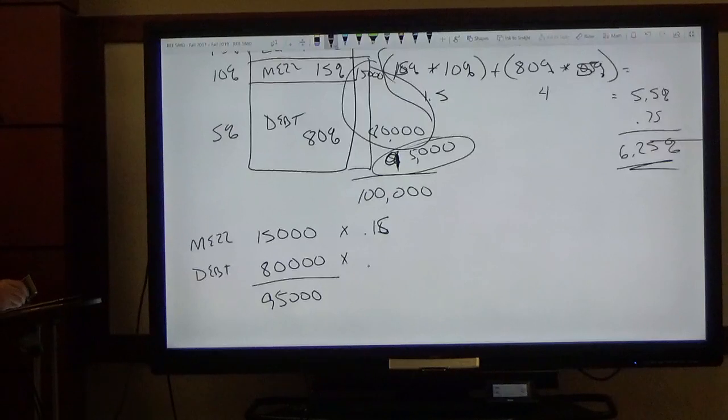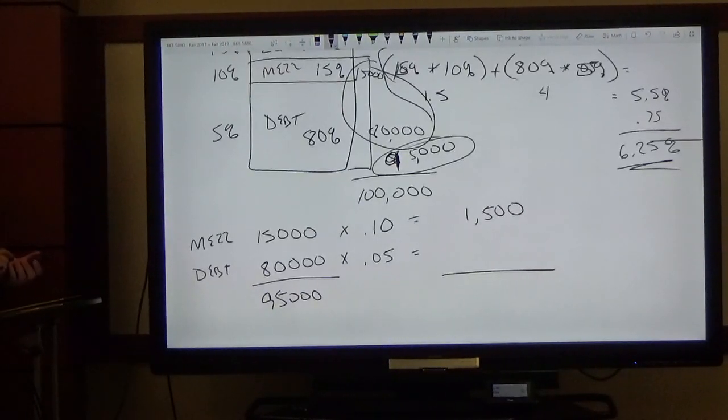Our cost is 10%. Cost is at 5%. That's 1,500. $4,000 for a total of 5,500.